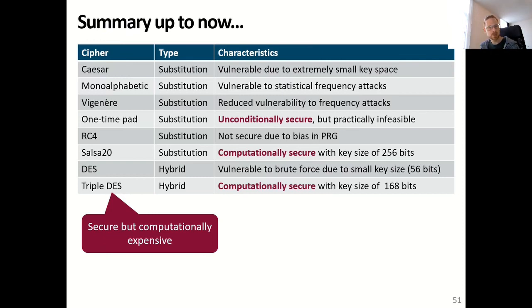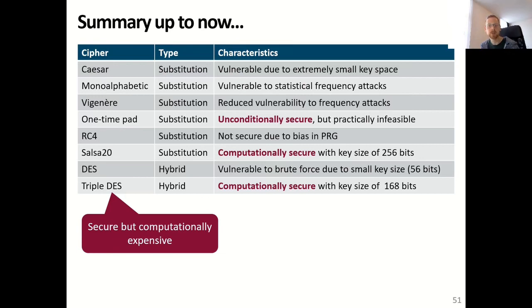Then they proposed several mono and polyalphabetic substitution ciphers to address the problem of the small key space. However, monoalphabetic ciphers and polyalphabetic ciphers like the Vigenère cipher are vulnerable to frequency attacks and therefore should not be used either.